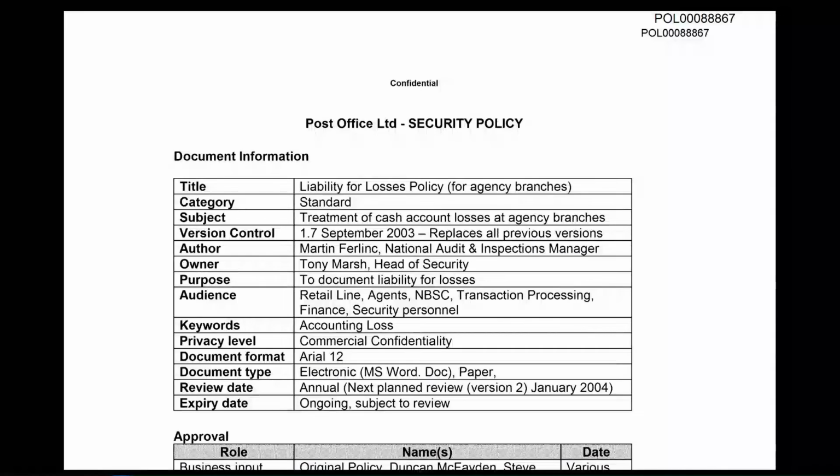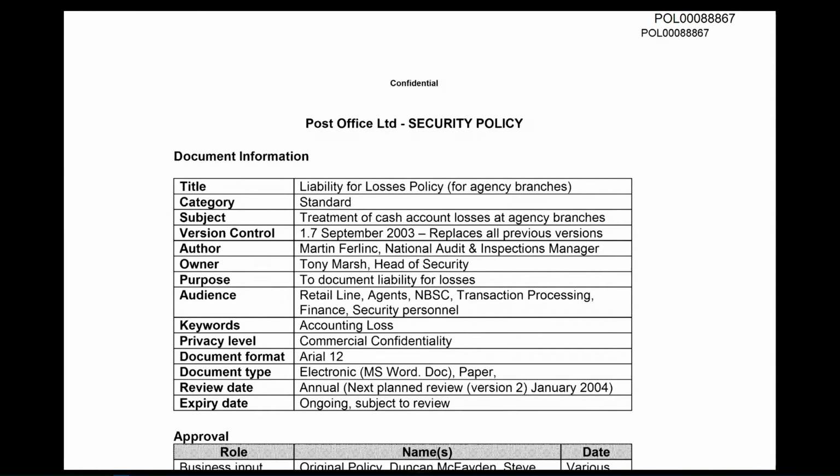Yeah, there's normally an assurance process on this first table. It seems to be missing from this particular document, but there's normally an author, an assurance process, and an owner. So normally an assurance process would look at it and critique it and give feedback, and the owner would sign it off. Right. So somewhere, assuming this went further, this particular policy would go to Mr. Marsh, the head of security, yes, and he would then sign it off, and then that becomes the embedded document within the organisation. Is that right?